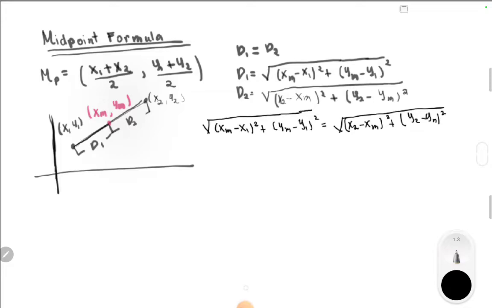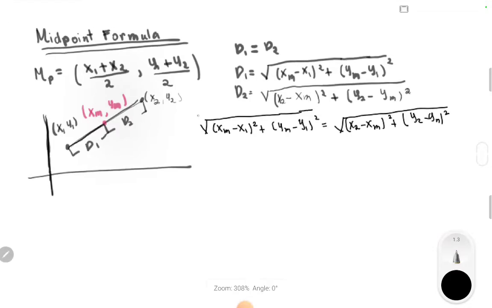So from here I can remove my square root by raising both sides of the equation to 2.